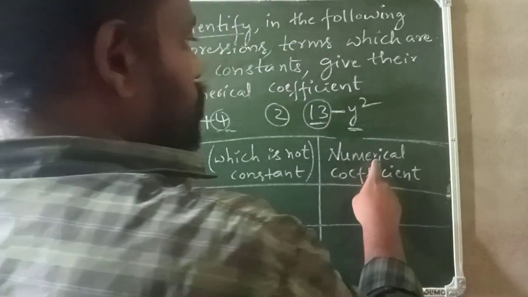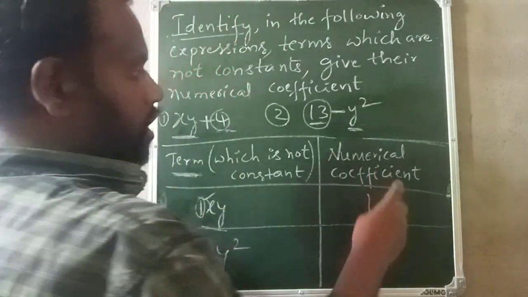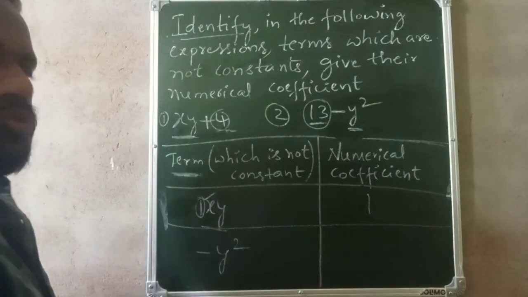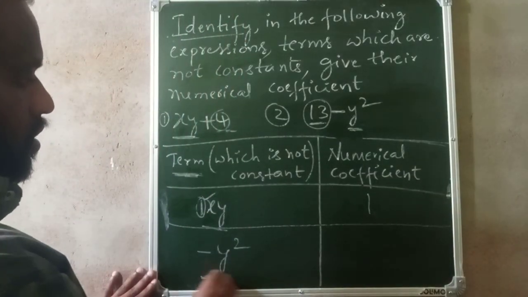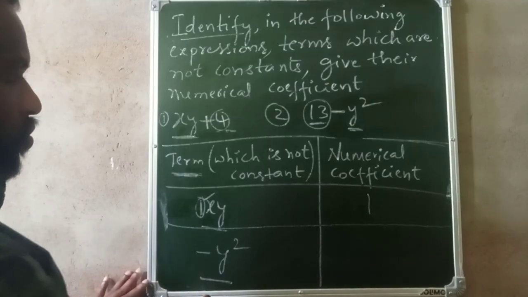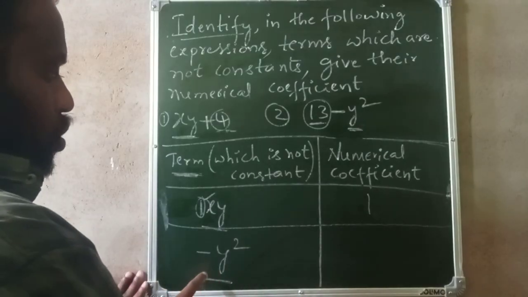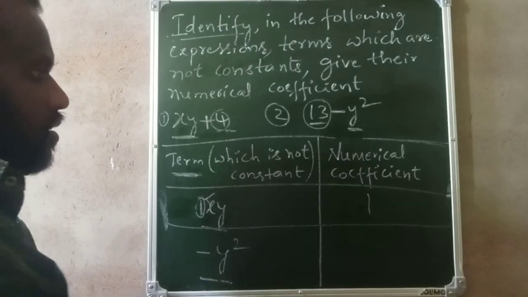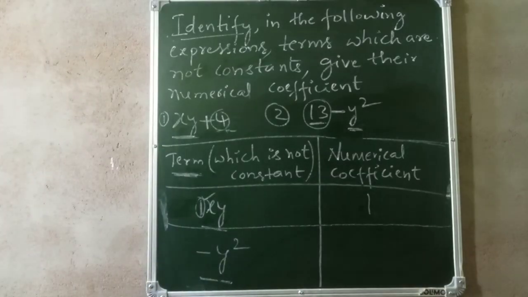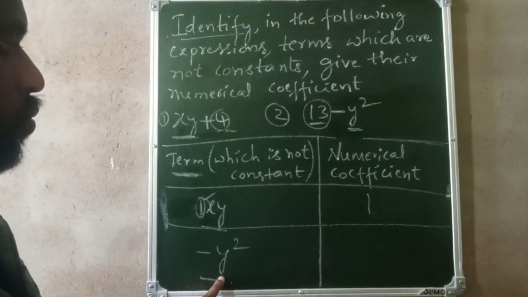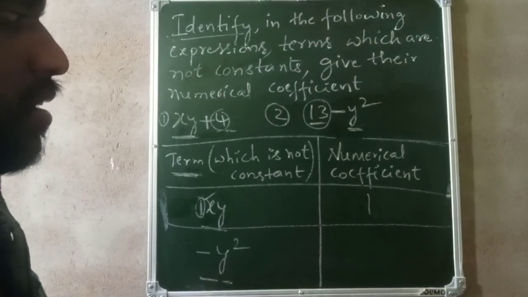Next, numerical coefficient. We have to write the numerical coefficient here. So for this, you have written the term which is not constant, right? So you have to write the numerical coefficient of this term. Numerical coefficient means the number that is present along with this variable y square.